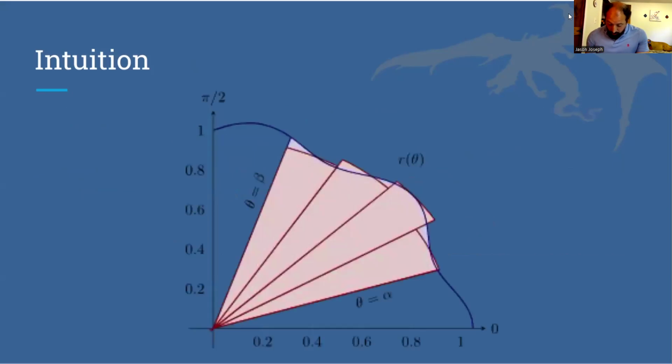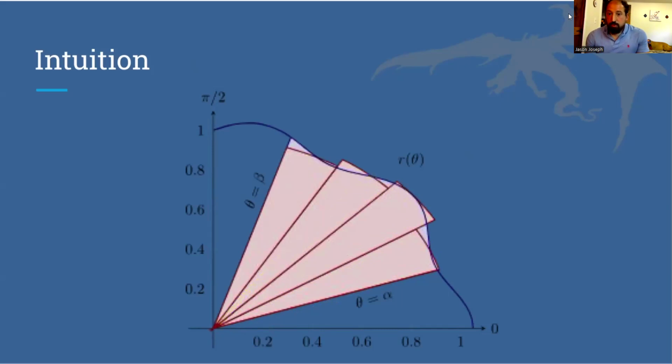Here's a picture of that. It's a little bit hard to see that they're curved, but these are actually parts of a circle using different radii for each one. Notice this is the theta that they used for that sector, for example.